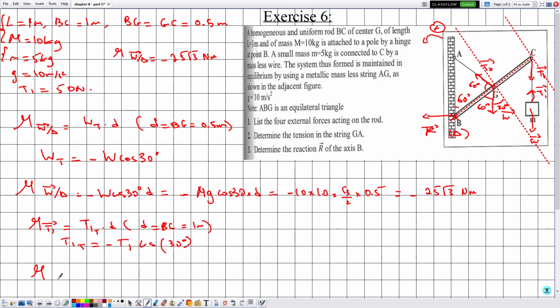Therefore, the moment of the tension T1 around delta is equal to minus T1 cosine 30 multiplied by BC, which is equal to minus 50 multiplied by radical 3 over 2 multiplied by 1, which is equal to minus 25 radical 3 newton meter, because this with this gives us 25.